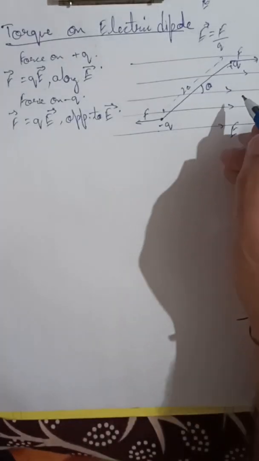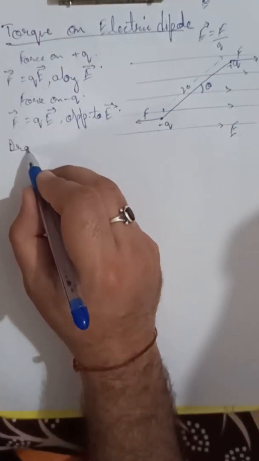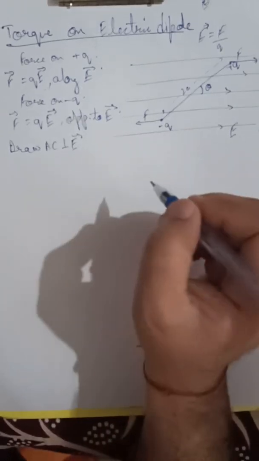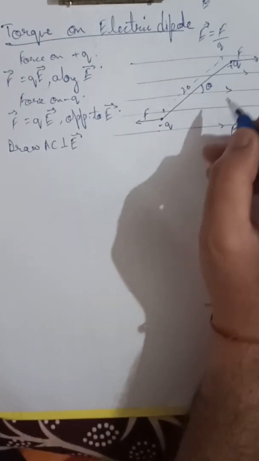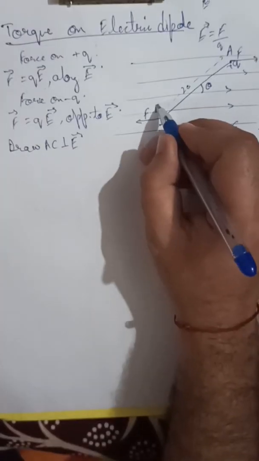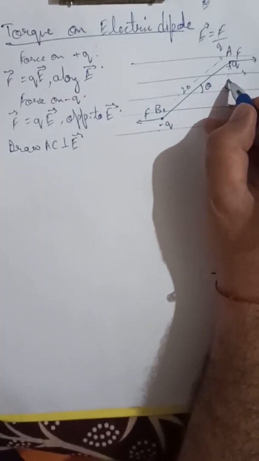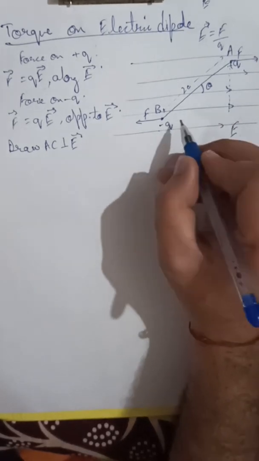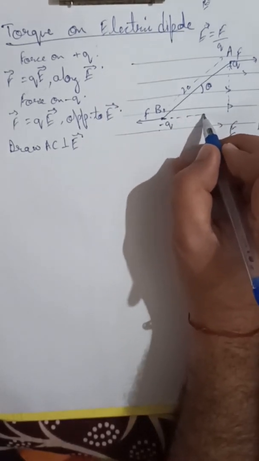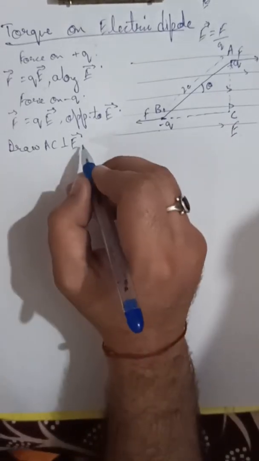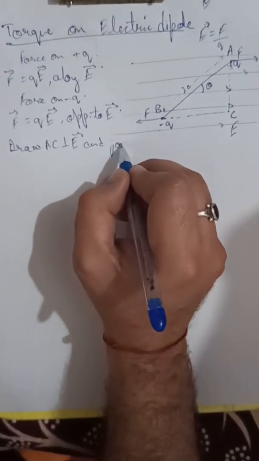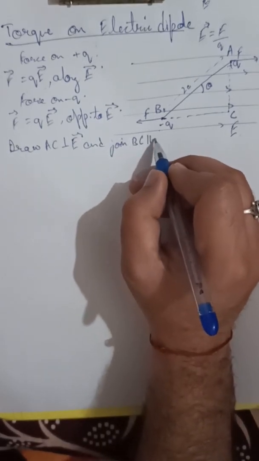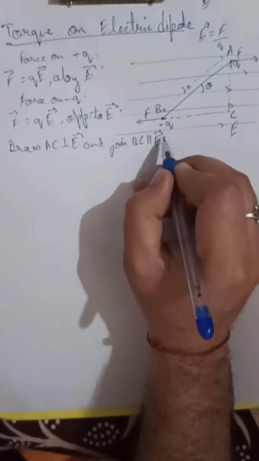Now what we will do is mark the points, let it be A, let it be B. Now draw AC perpendicular to E, and join BC, which is parallel to the electric field.